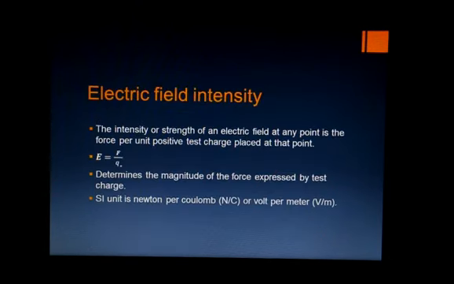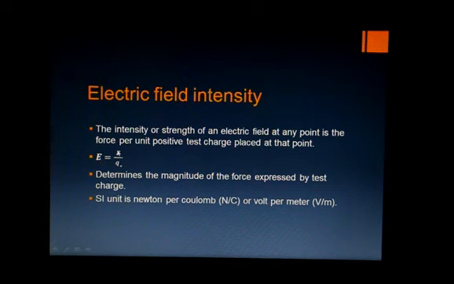Now we come to the electric field intensity. What do you mean? The electric field intensity basically is the strength of an electric field at any point, and it is defined as the force per unit positive test charge placed at that point. You can see here in this equation, capital E represents electric field intensity.